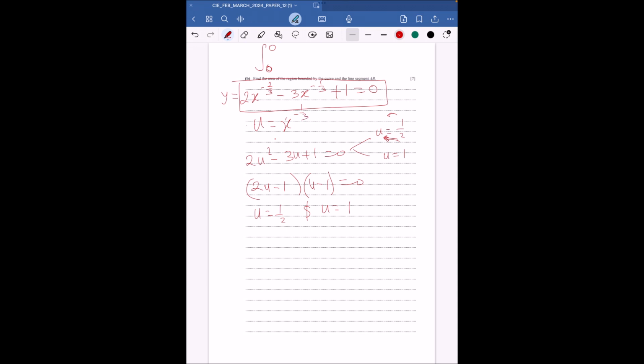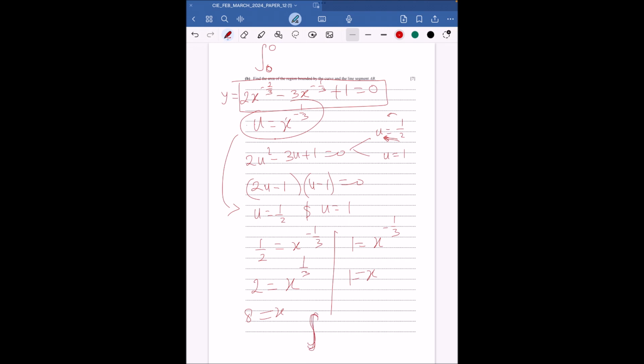So 1 over 2 is equal to x to the power of minus 1 by 3, or 1 is equal to x to the power of minus 1 by 3. Obviously this should be 1. Then we flip both sides. So 2 is equal to x to the 1 by 3. So x is 8.